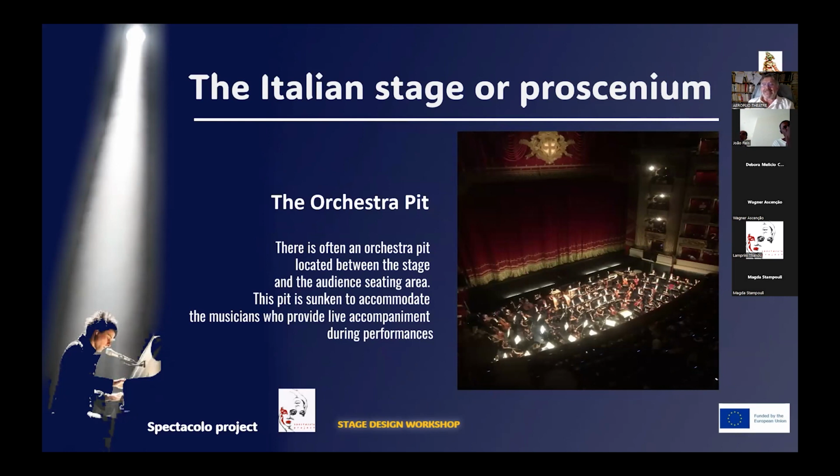This pit is designed to accommodate the musicians who provide live accompaniment during the performances. The orchestra pit is an important part of traditional theaters, especially opera houses and theaters that put on musicals nowadays. But at that time, as I mentioned before, theater performances also needed a live orchestra on the stage.